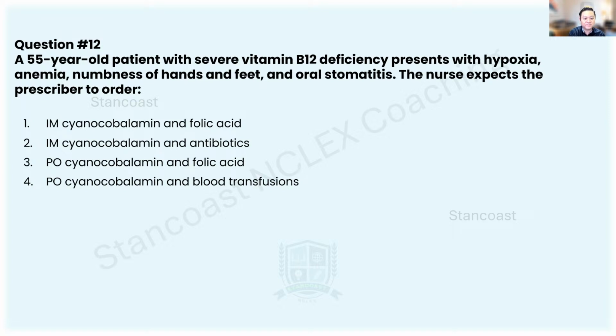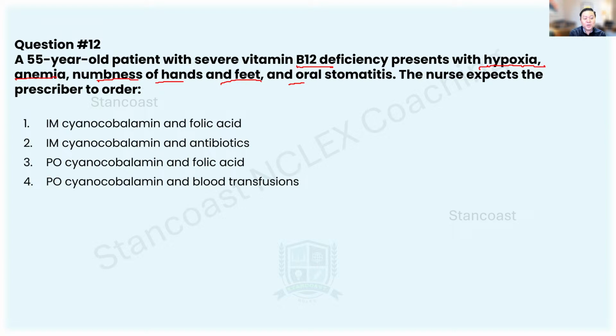Vitamin B12 deficiency. This is the problem. And there is now hypoxia, anemia, numbness of hands and feet, and oral stomatitis. Yeah, I'm actually debating this kind of question myself. But looking into the manifestation, hypoxia, yeah, right? 1 or 4.